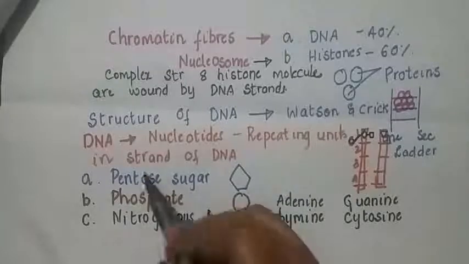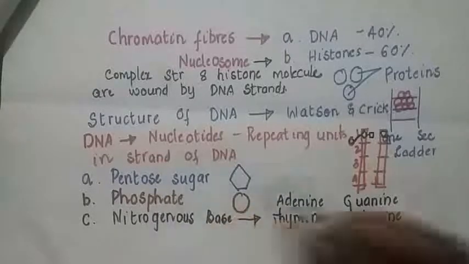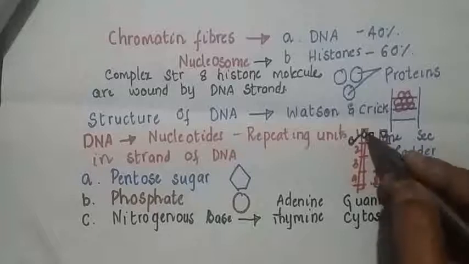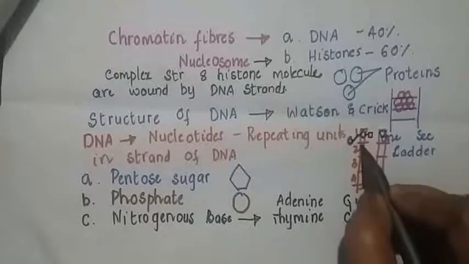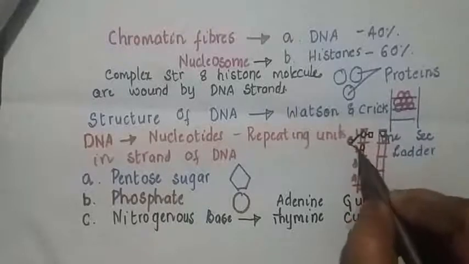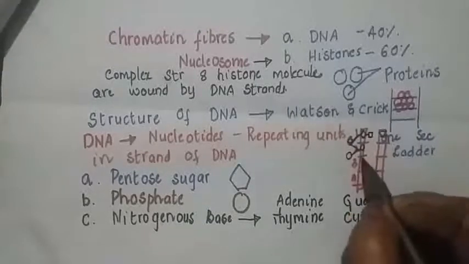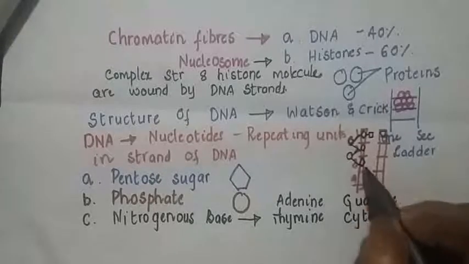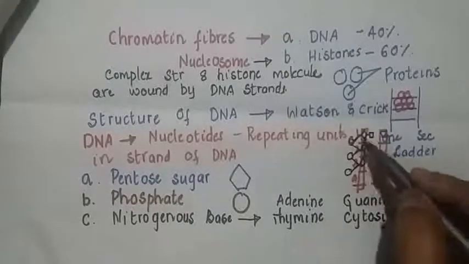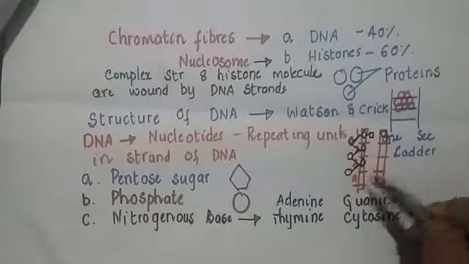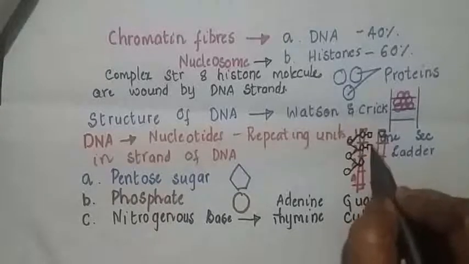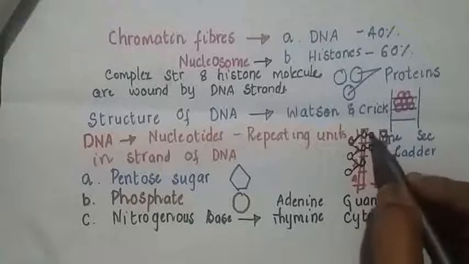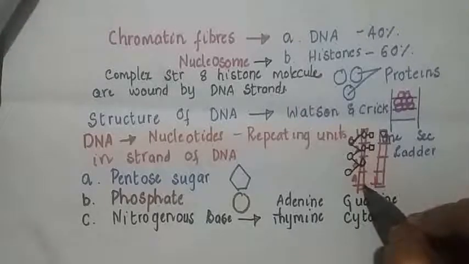So in the sense, the pentose sugar and the phosphate are arranged lengthwise. So again you will find one more pentose sugar here, one more phosphate. So one more pentose sugar, one more phosphate, which are arranged lengthwise, and internally you have the nitrogenous base for this particular strand.